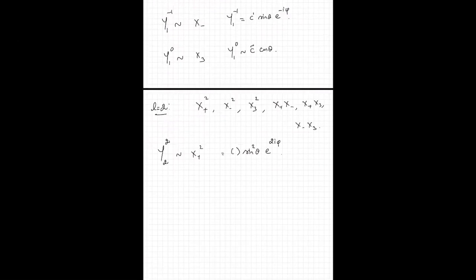So y22 should go like x plus square, and x plus is sine theta e to the I phi, so x plus square should be sine square theta e to the 2I phi. Nothing else is possible. Similarly, y2 minus 2 should go like x minus square, because I need a factor of minus 2, which is only possible with two factors of e to the minus I phi. So this will be some normalization times e to the minus 2I phi.